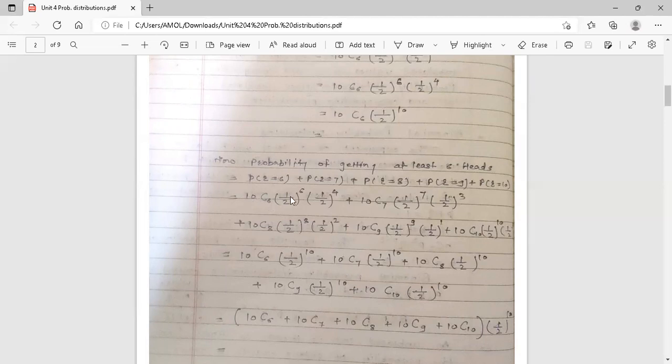So 10C6 into 1 by 2 raised to P raised to R, means 1 by 2 raised to 6, into Q raised to N minus R, means 1 by 2 raised to 4, plus. Now probability of R is equal to 7. P of R is equal to 7 means the formula is here 10C7 1 by 2 raised to 7 into 1 by 2 raised to 3.